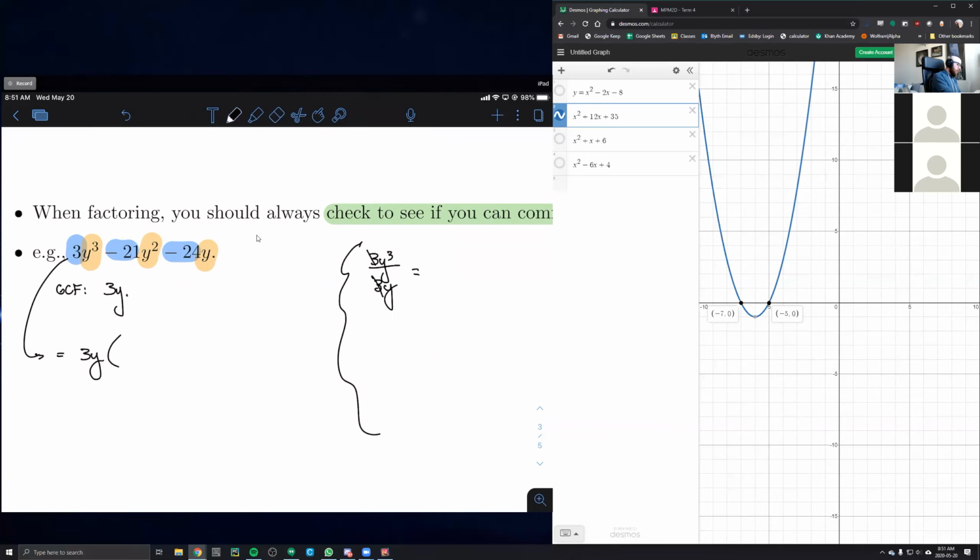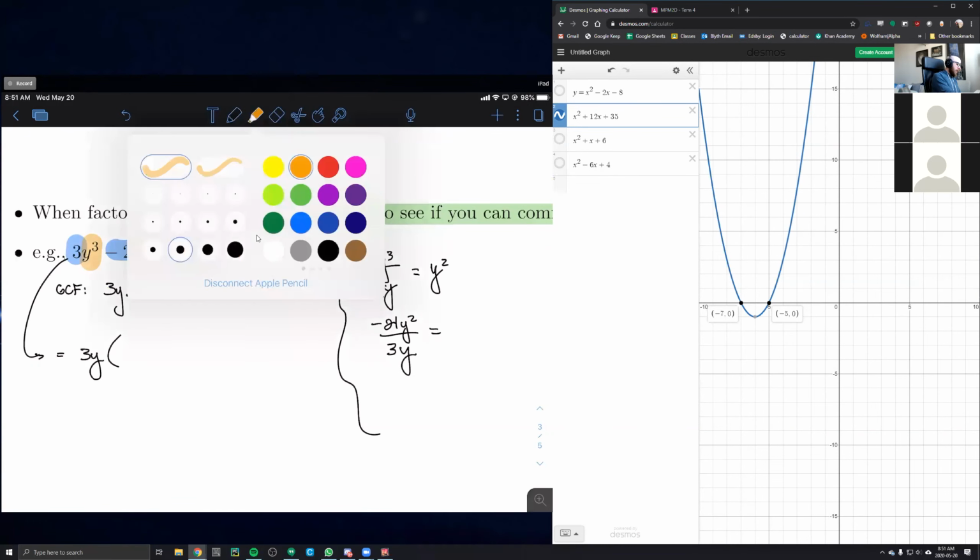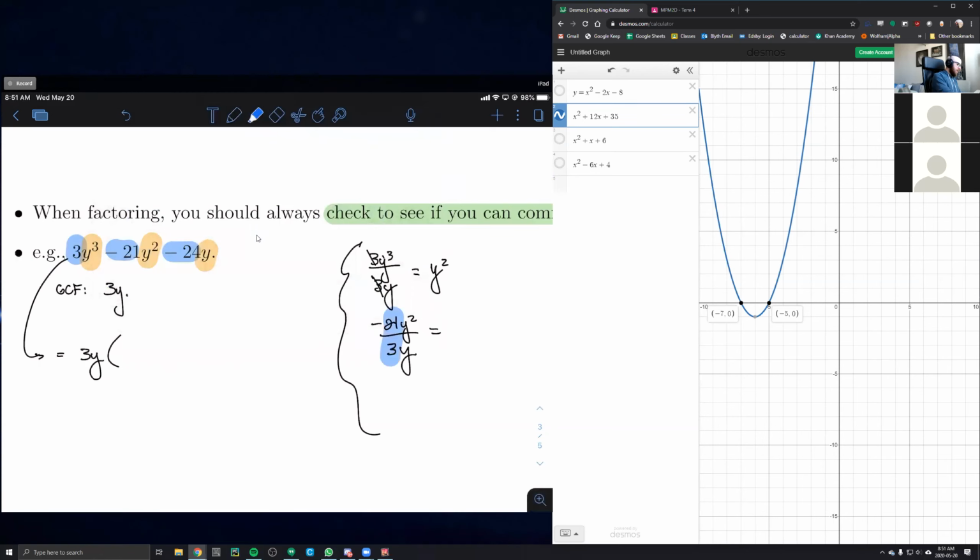I have y cubed divided by y, so I'm just left with y squared. Negative 21y squared over 3y. So negative 21 over 3, that's negative 7. And then I have y squared over y, that's just equal to y, so minus 7y. So y squared minus 7y.